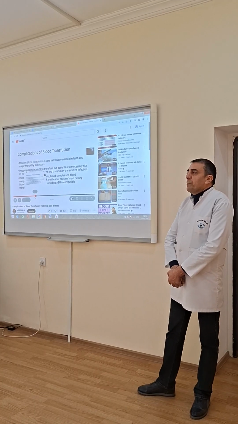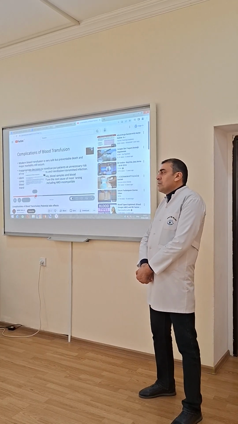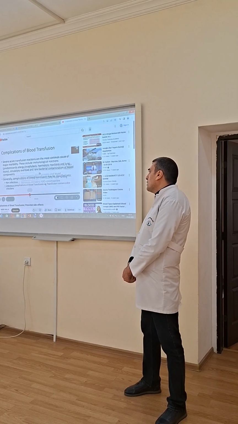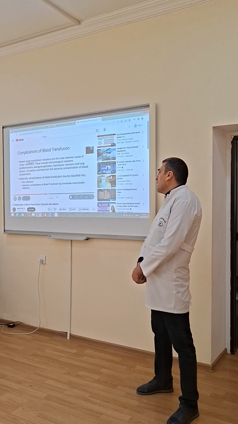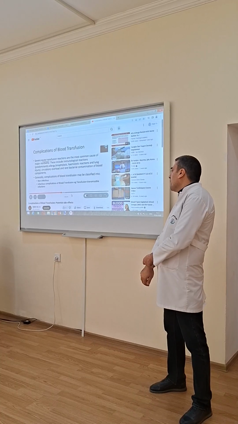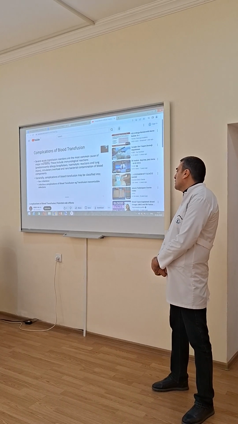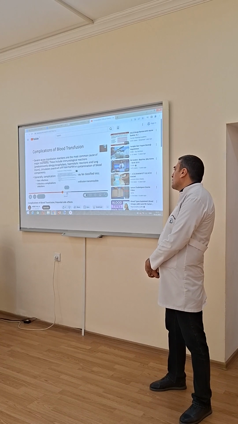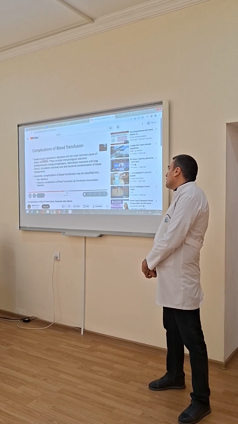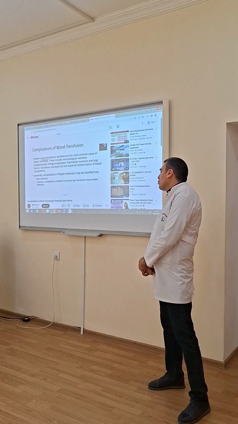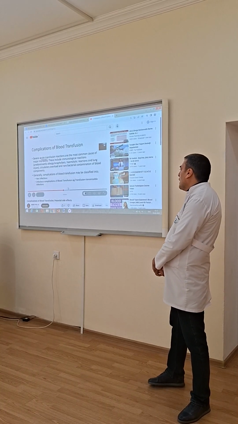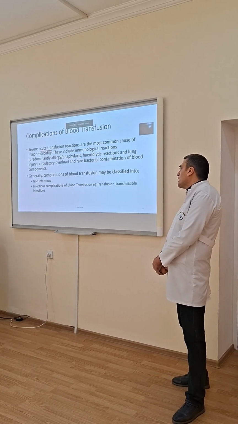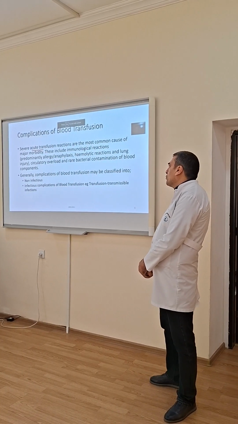To treat complications of blood transfusion, we must mainly stop the blood transfusion and transfuse blood of the same group and same rhesus factor, and use antihistamine substances and glucocorticosteroids.